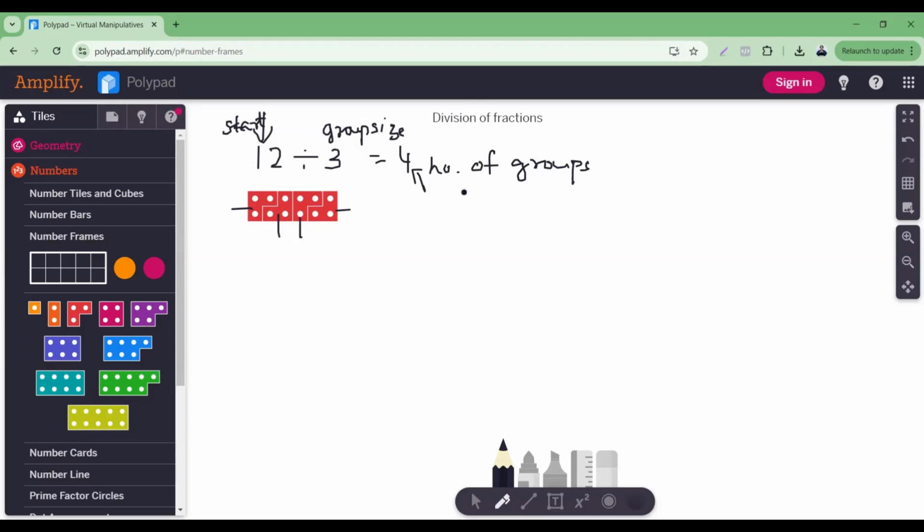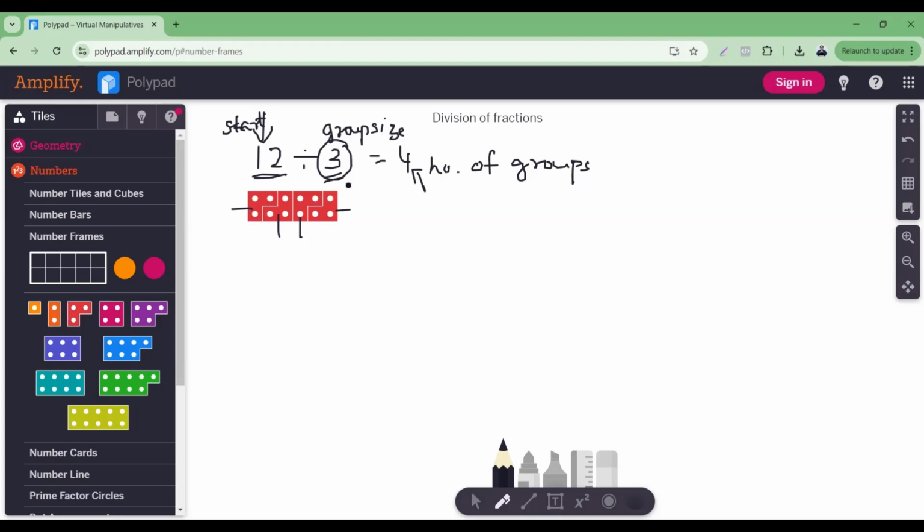Let's keep this concept. If you have not understood this, pause the video and start again to understand what is division properly. Let me recap. Whenever we have a number divided by another number, the given number 12 is grouped in group sizes of 3.